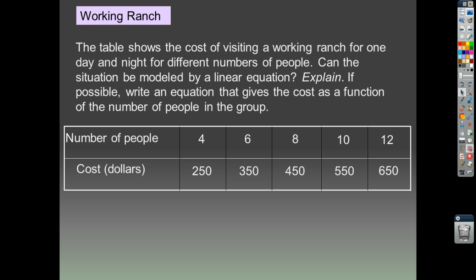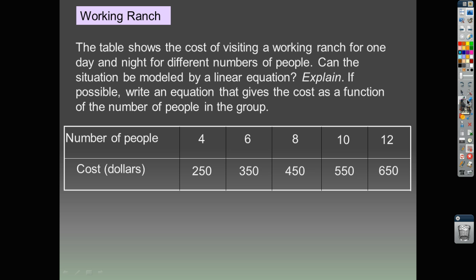And I'm hoping that, yes, you can see this. As the number of people increases by 2, the increase in cost is 100 dollars. So in fact, we can do dollars per person. Let's do 4 people for $250, right?